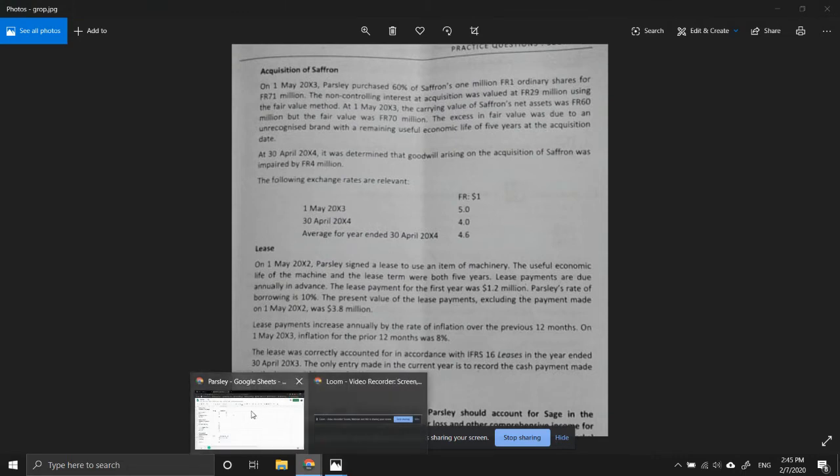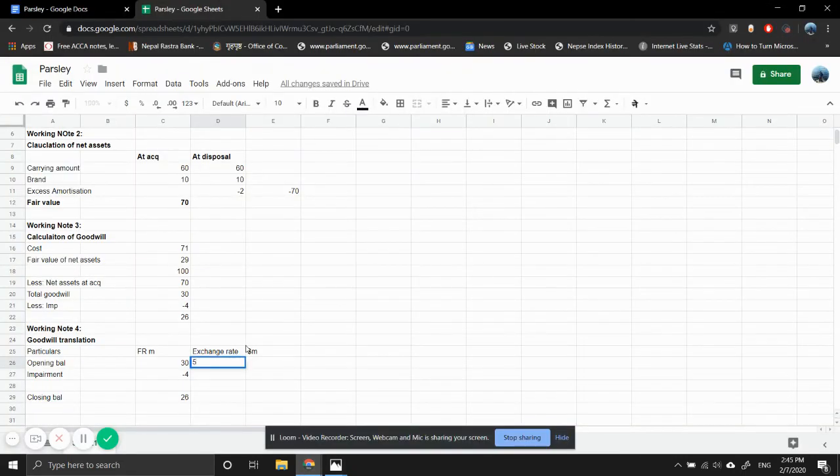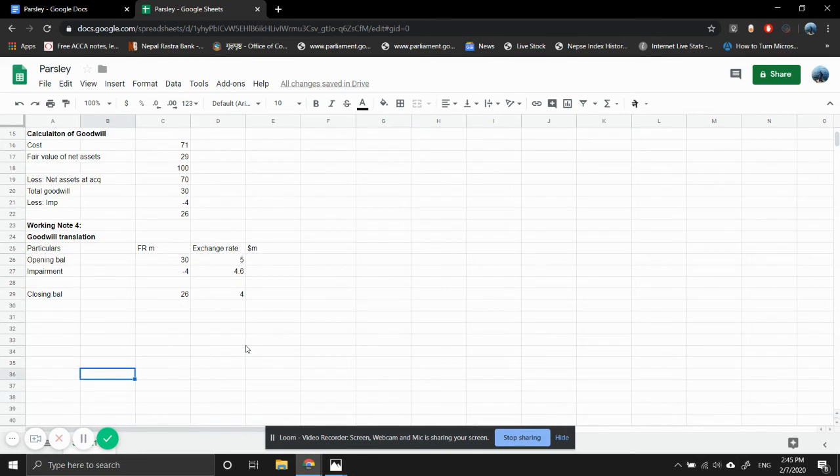So 5, 4 and 4.6, because we will use the average rate for impairment, and then the impairment needs to be allocated to profit or loss as well. So this figure will be 30 divided by 5, copy, paste, which will basically be 9.